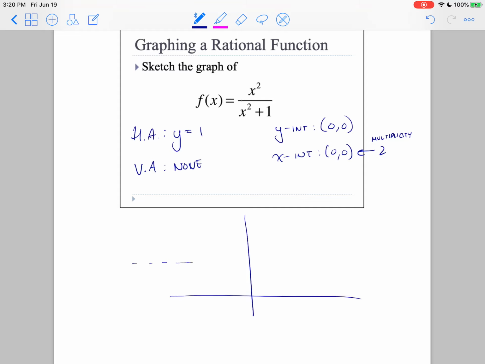We have a graph where y equals 1 is a horizontal asymptote. There are no vertical asymptotes. The x and the y-intercept are the origin. This is the only place it can touch the x-axis, and it's going to touch the x-axis and bounce off. And so with all of that information, this looks like the only likely scenario for this graph.